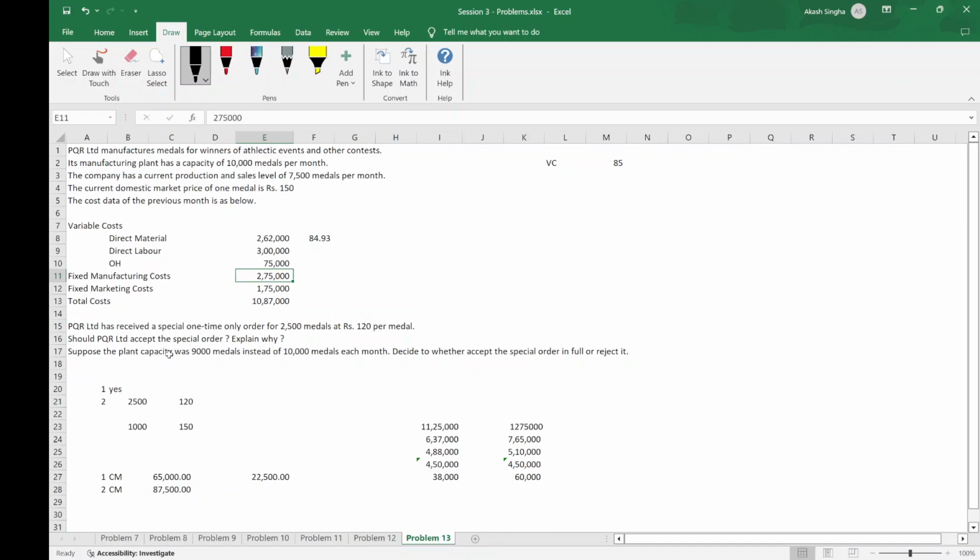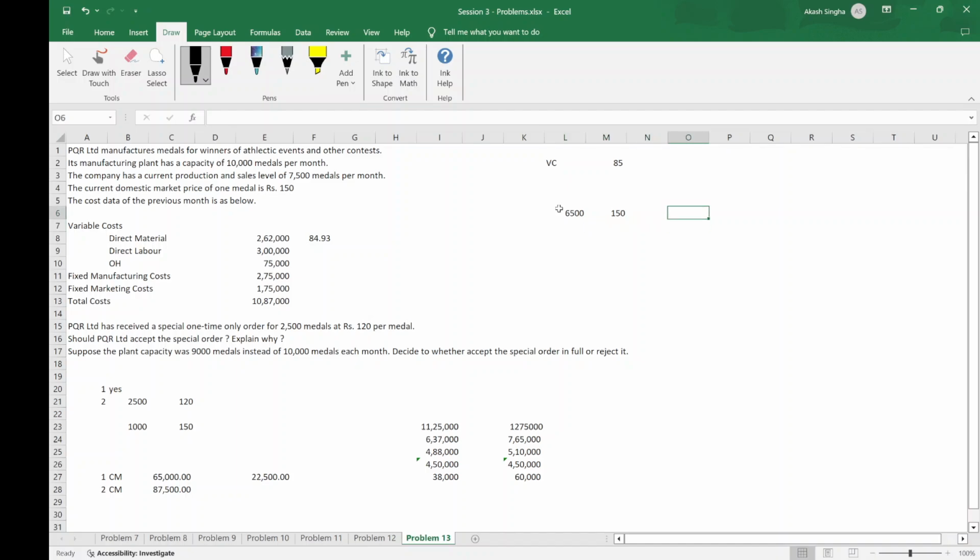Second is suppose the plant capacity was 9,000 medals instead of 10,000 medals this month. Decide whether to accept the special order or fully reject it. Now if it is 9,000 medals, in the market we can sell 7500. If we take the order, then in the market we will sell only 6500 at 150, right?